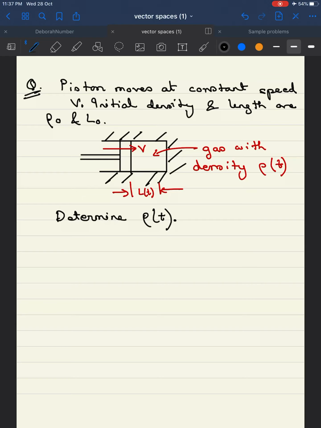Okay, so now there is something. We have started looking at the differential equations, and these differential equations have their own importance in the scheme of things.